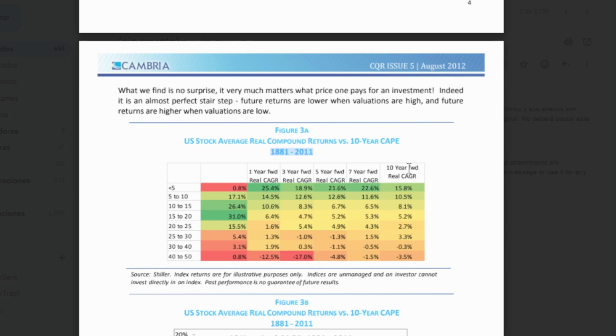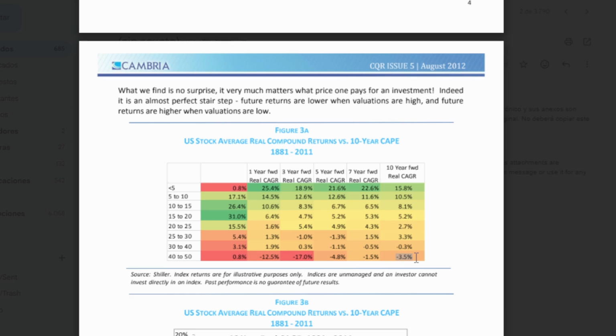On the next 10 years, if you buy today when the cyclical adjusted price to earnings ratio reaches 40, you will expect a 10-year forward real annual return of minus 3.5%. So at the end of the day, this is telling you that if you buy at 40, you can expect a negative return over the next 10 years, which is completely a miss.